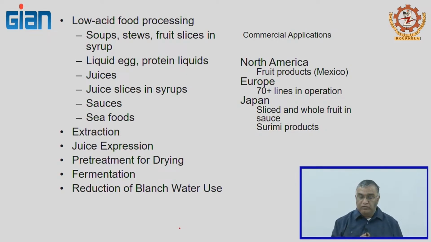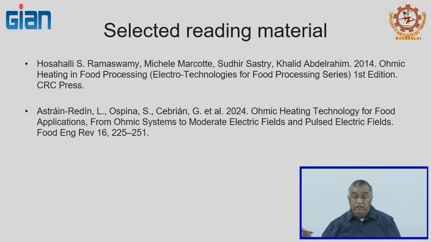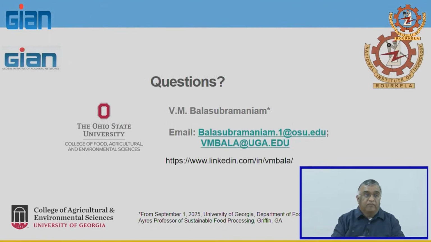You can also use ohmic heating as a blanching step, and there are commercial applications like sliced fruit, surimi products and so on in the market. This is just some reading material you may find useful. With that, I am going to stop here for some questions.